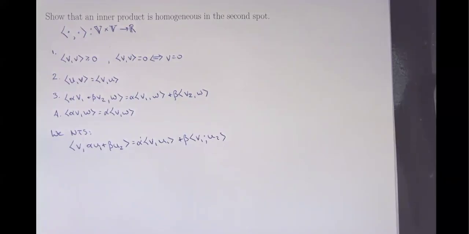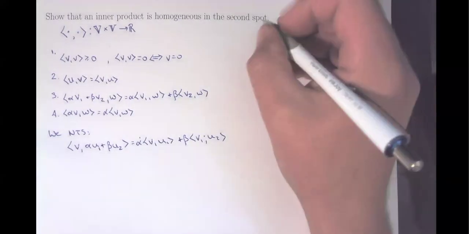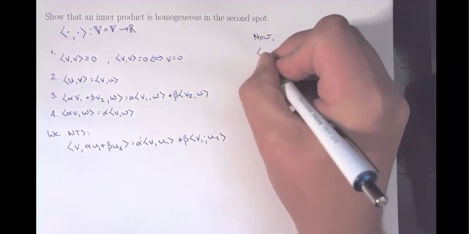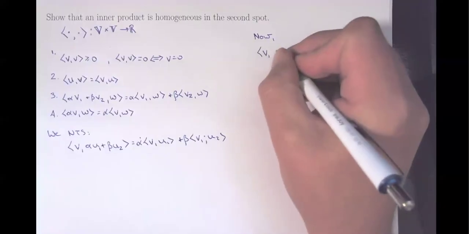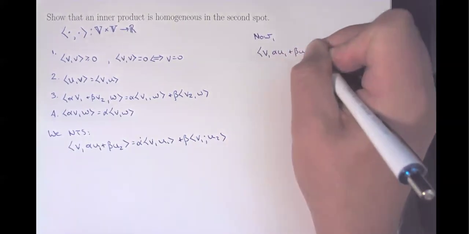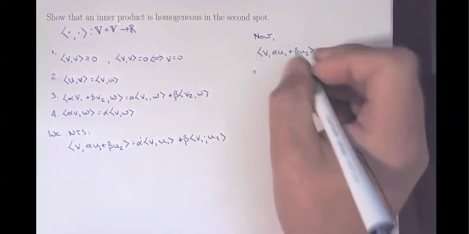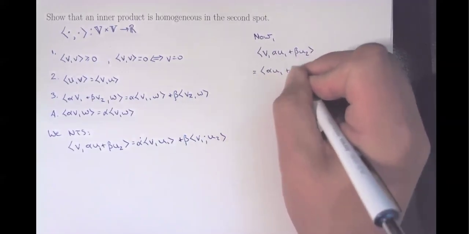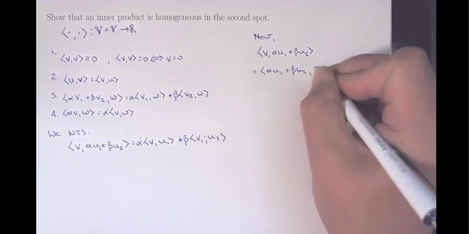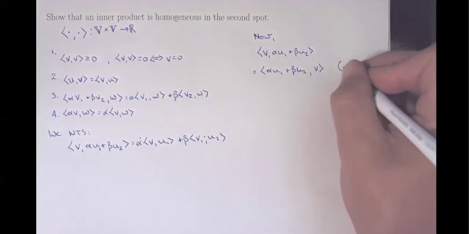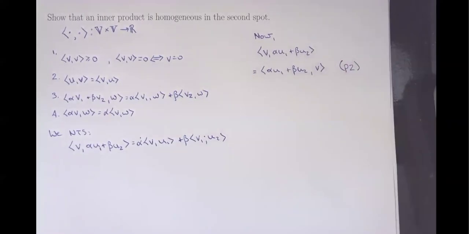So, in order to show this, we note that the inner product of V with alpha U1 plus beta U2 is equal to the inner product of alpha U1 plus beta U2 with V. And that comes directly from property 2.